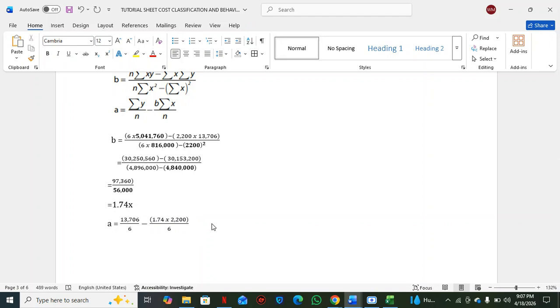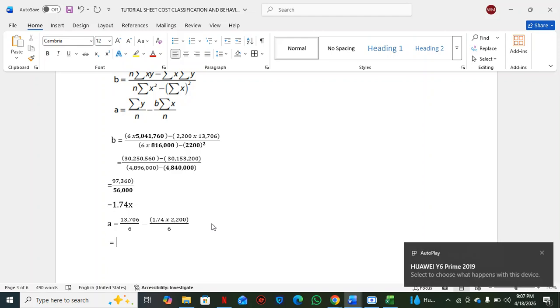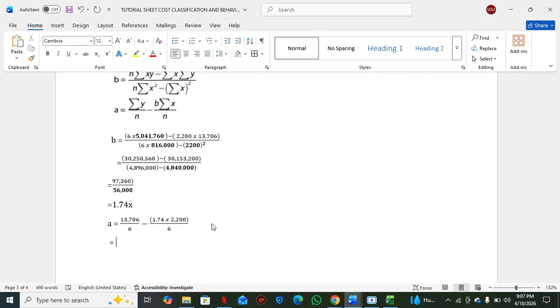So 13,706 divided by 6 gives 2,284.33, maybe two decimal places.